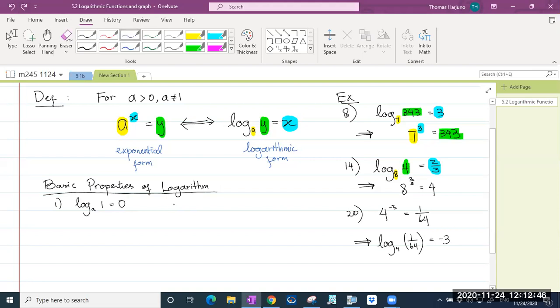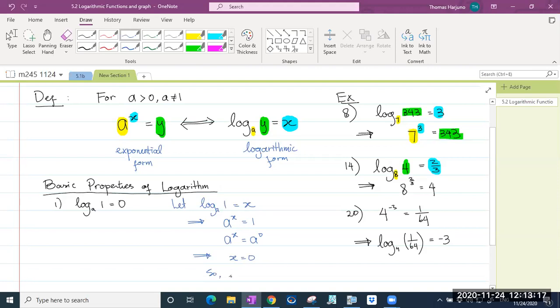Why? Let log base a of 1 equal x. Call that x first. Now we change this into exponential form: a to the x is equal to 1. But 1 is a to the 0. By one-to-oneness, x equals 0.